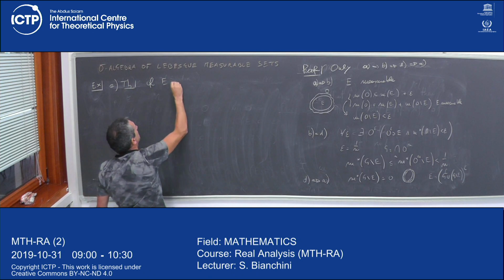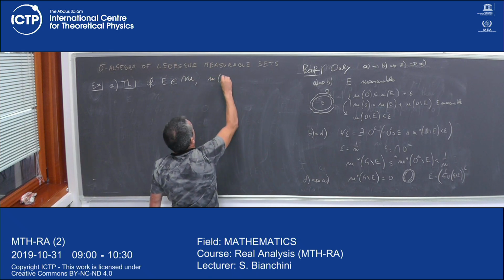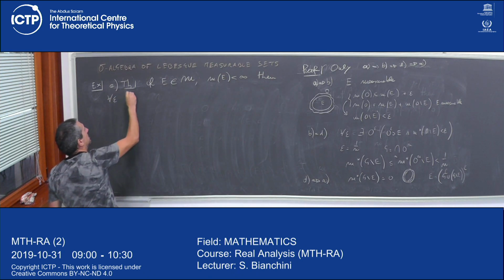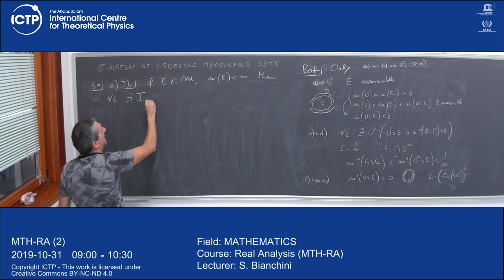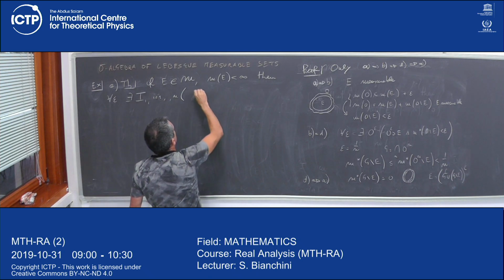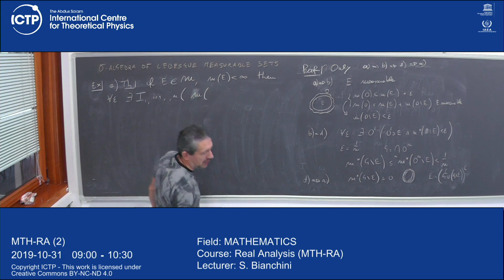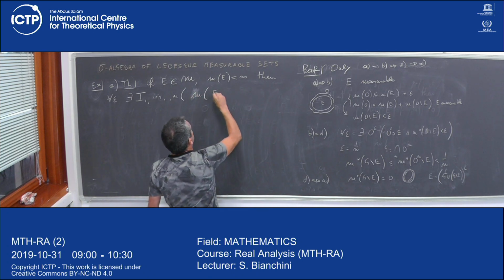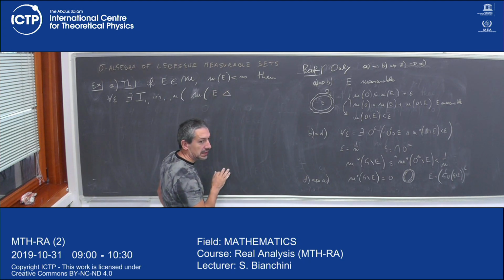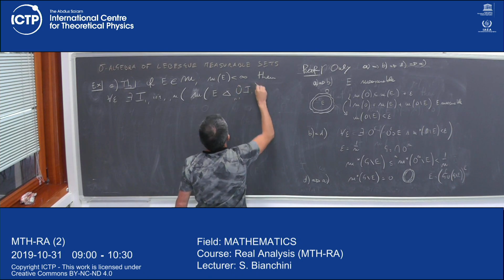If E is measurable and the measure of E is less than infinity, then for all epsilon there exist intervals I_k such that the measure of the symmetric difference of E and the union of I_k is less than epsilon.